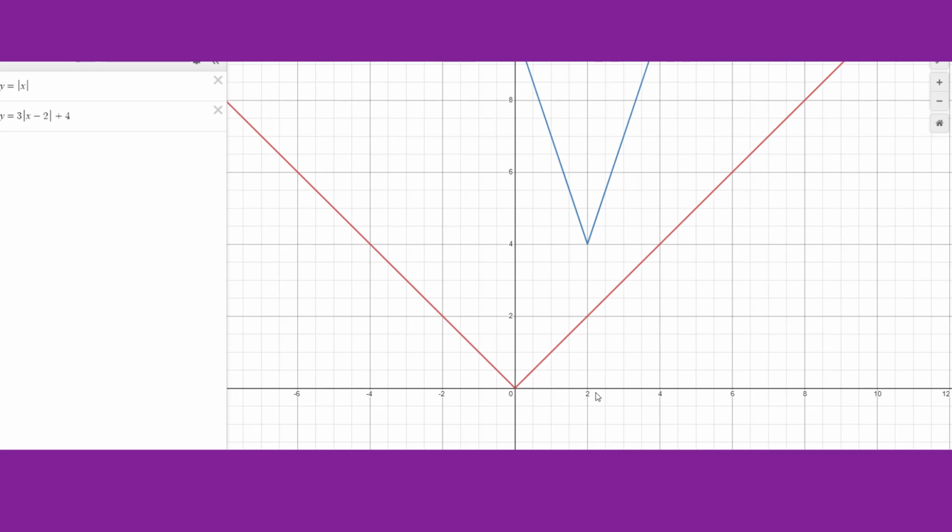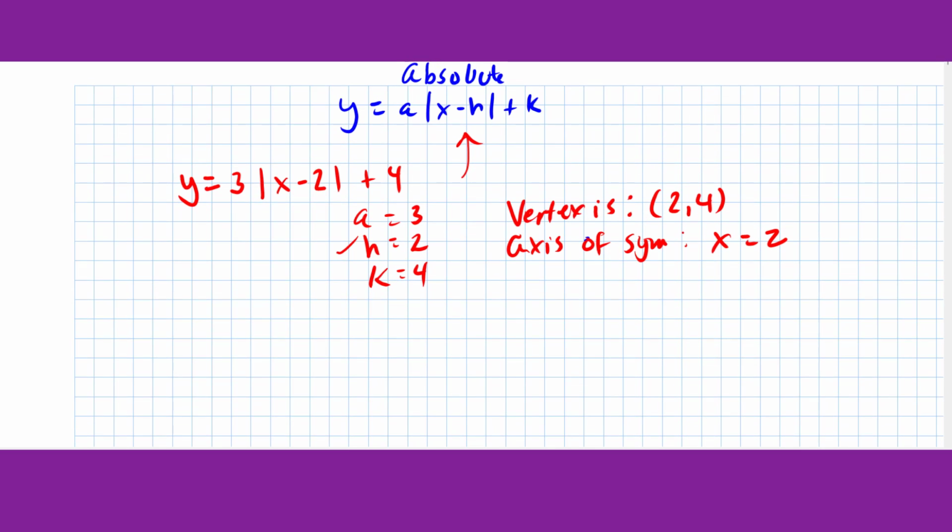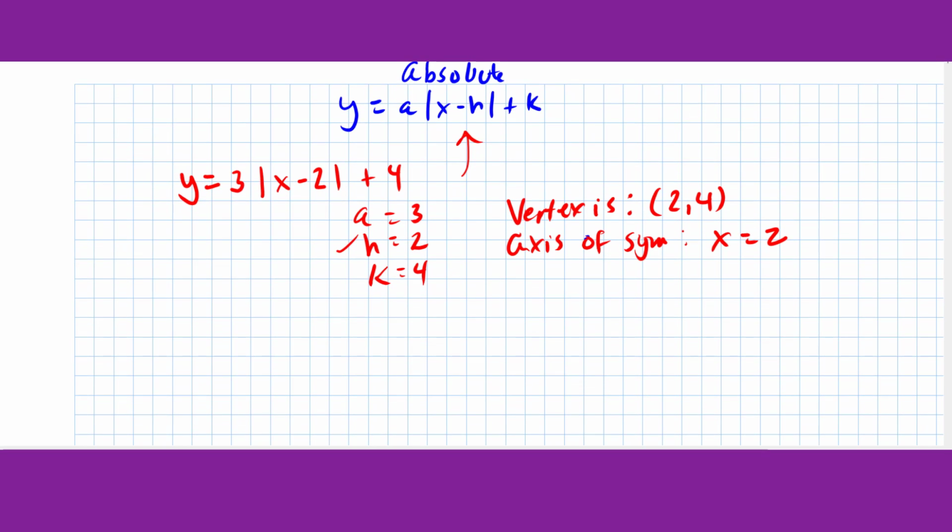We've got a vertex at 2, 4, and we got an axis of symmetry at x equal 2. So we were correct in identifying the transformation that occurred here, and we were able to do that by simply looking at the general form or the standard form of the absolute value equation and comparing that to our new one.